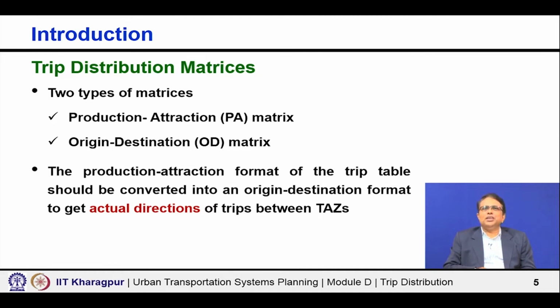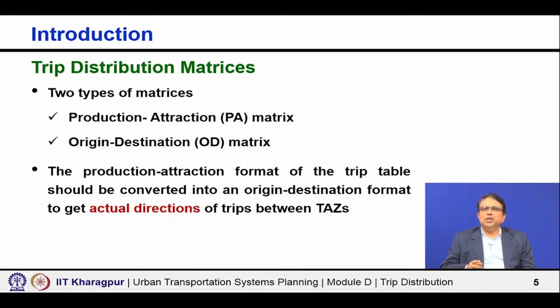So, when I take the production attraction, I will say both trips are produced at home end. Okay? So, when I am saying that, I am not considering the direction of movement. Actually, both trips by definition are produced at home end and attracted at office end, right.